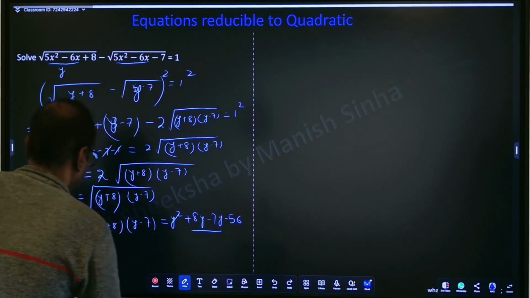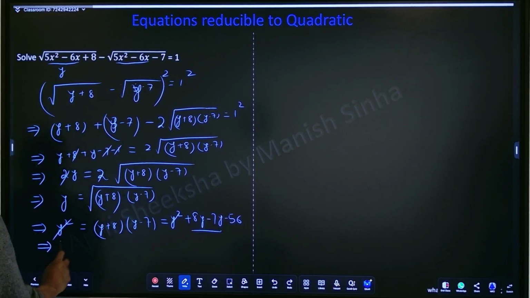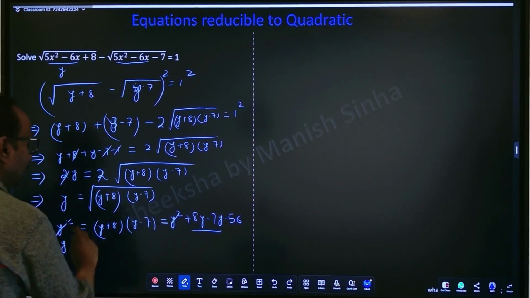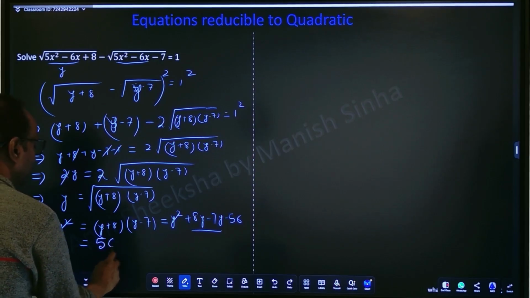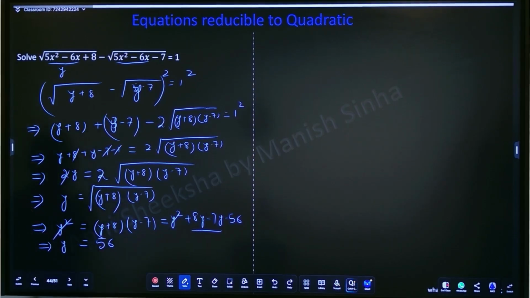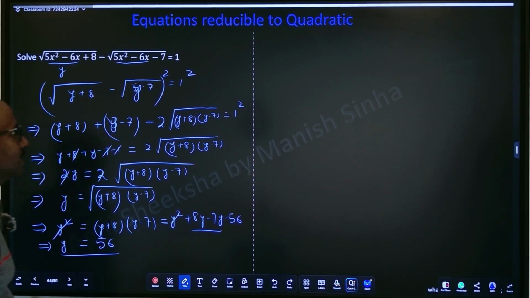These two will give an output of y. Minus 56 will become plus 56 when it is shifted to the other side. So you got y is equal to 56.